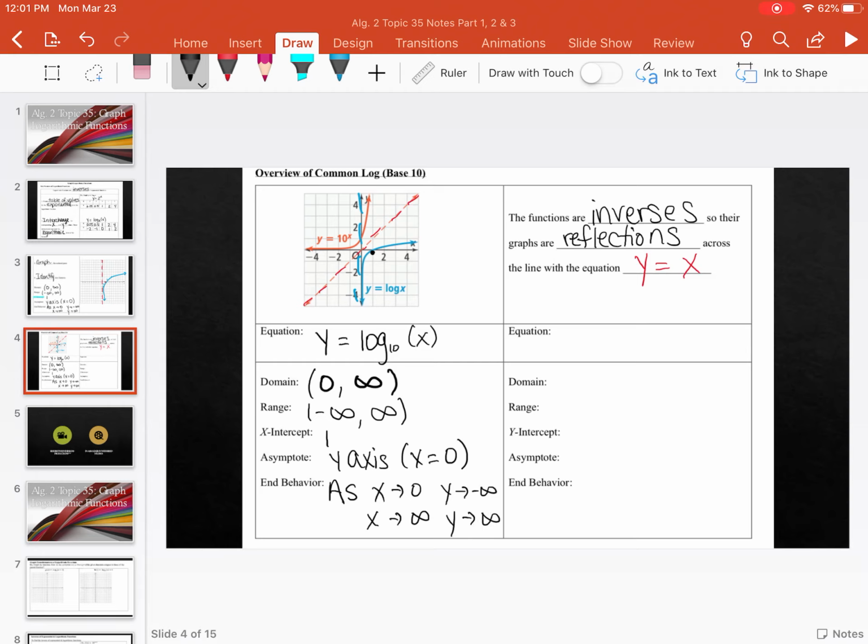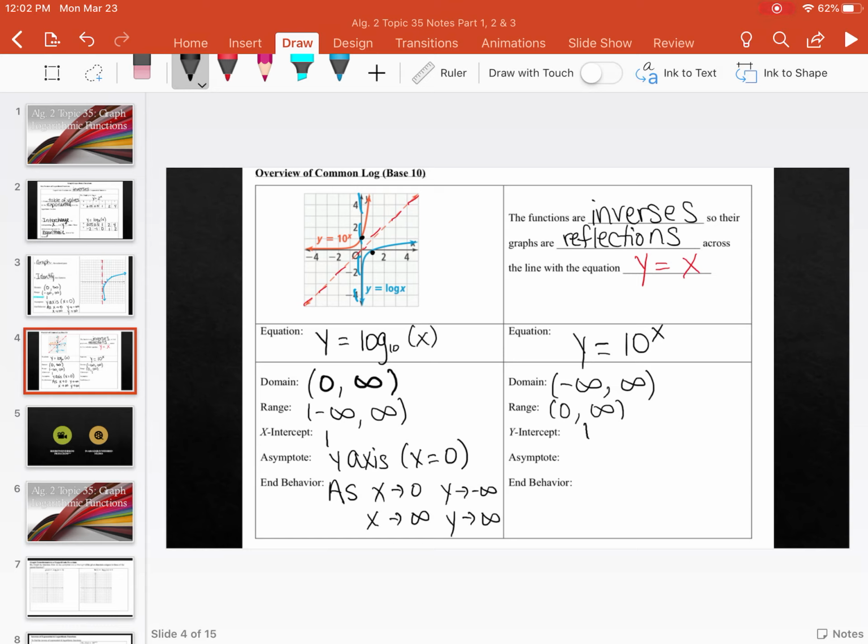Now, if we look at the exponential graph, y equals 10 to the x, the domain here had all of those x values, so it's negative infinity to positive infinity. I'm looking at this red graph here at the top left. Our range never goes negative, never goes below the x-axis. So our range is from 0 to positive infinity. We do have a y-intercept right here, at 1.